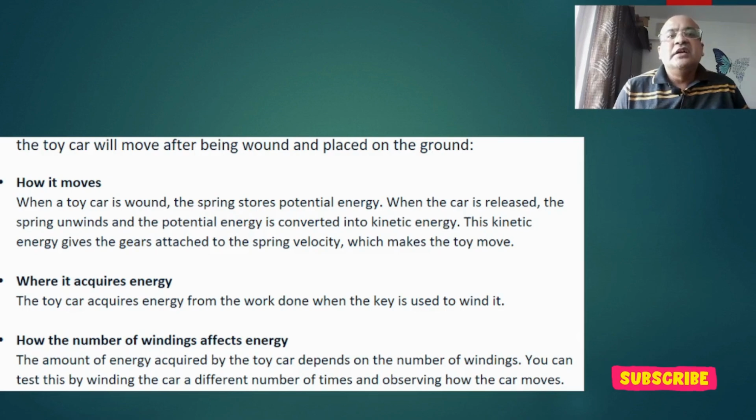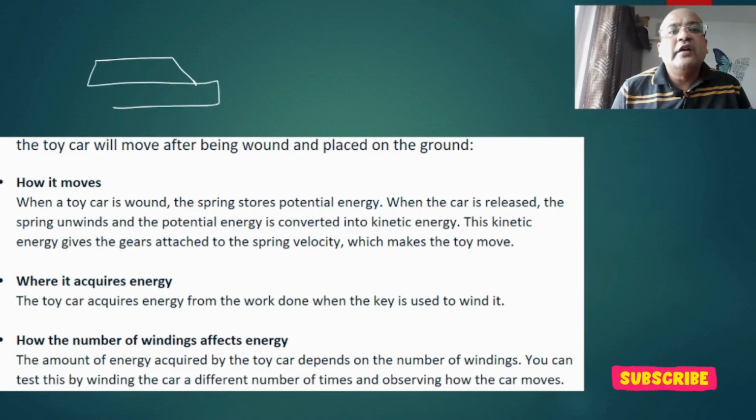Now let's see another example of a toy car. If we take a toy car and do the windings of the spring coil which is inside, what will happen? The car will move.